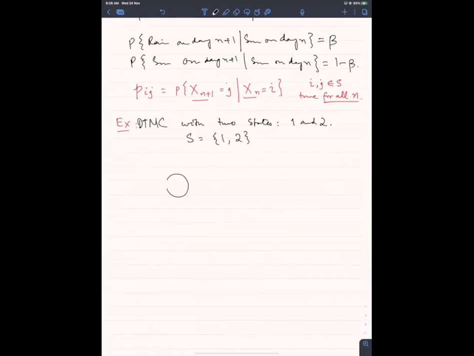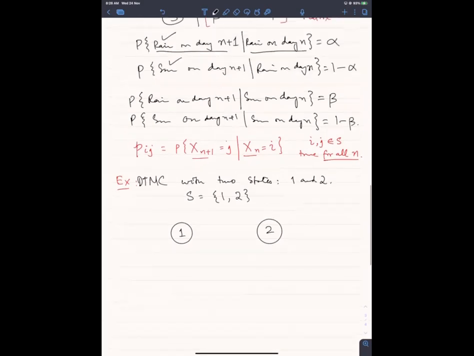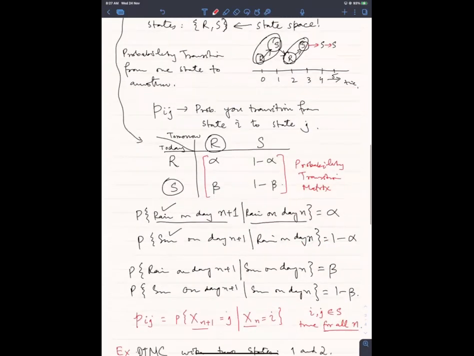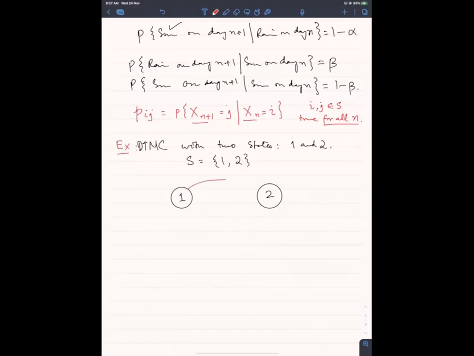So this is state 1 and this is state 2. At each time step you move from one state to another, or it could also be that you stay on the same state. As in the example above, you can go from rain to sun, or from sun to rain. This probability should be the same as this probability. But it can also happen that you stay at sun, from sun to sun. So you can move from state 1 to state 2 with a certain probability.